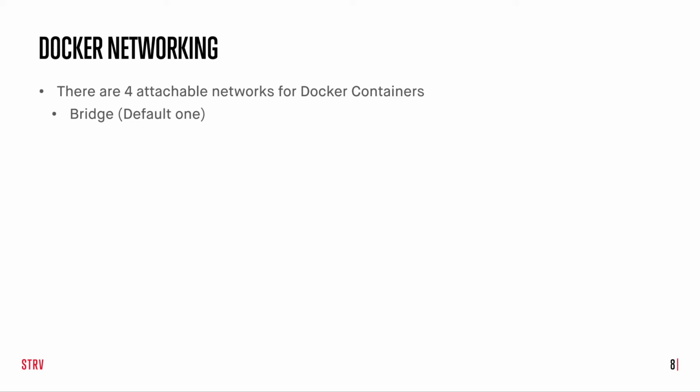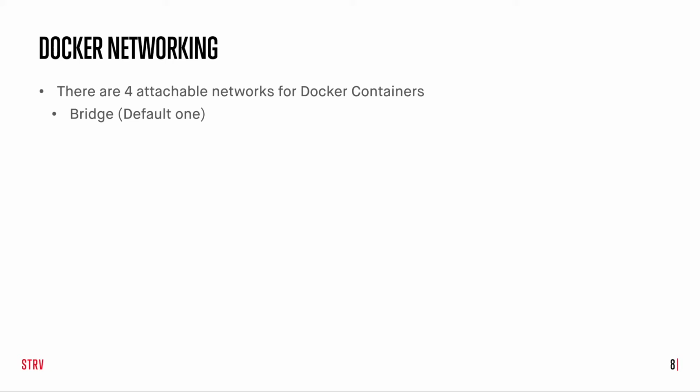So it's the default one. If you don't specify anything around networks, your container will be created in the default bridge network, which is created in Docker by default.